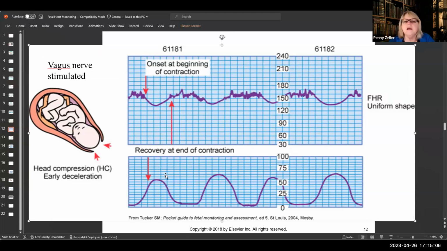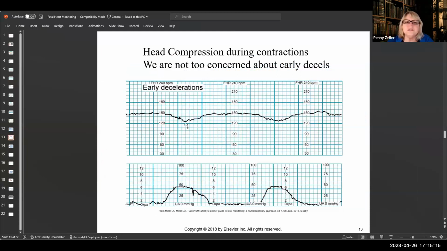So it's okay, you will see that. It's reassuring, it's fine. Here's just another picture. You can see the low point, which we call the nadir, of the baby's heart rate is still at the peak of the contraction, and they mirror one another. So this is early, and we're not concerned about early decelerations.